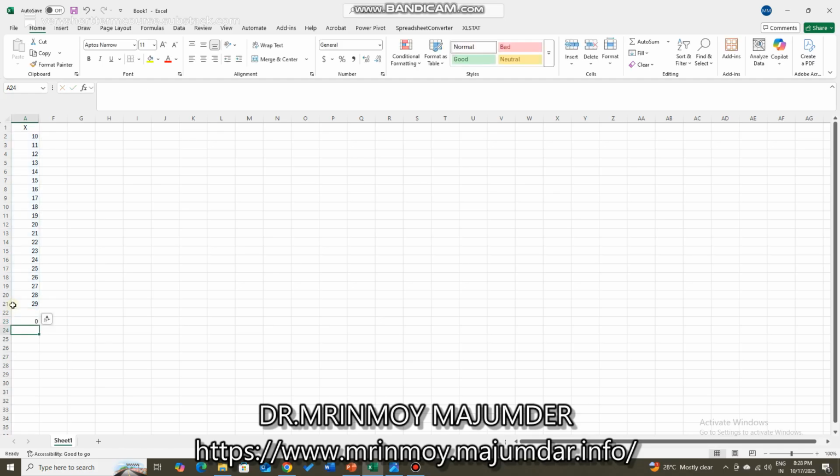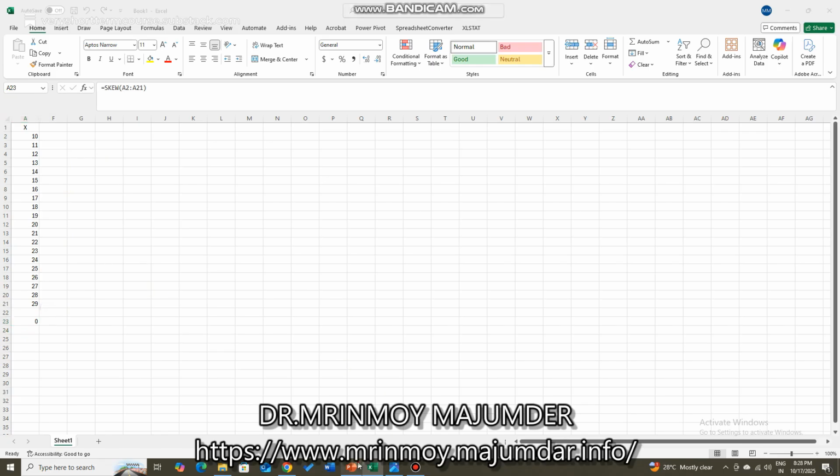So let us see what the skew is. In this case the skew is 0, because this is a random data set. It is not collected from any real life data. Randomly I have given this data. Now the skew is 0. So that means it is not more than 0.4 or less than minus 0.4.